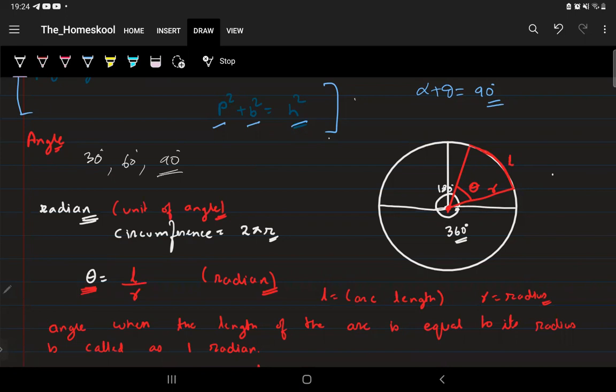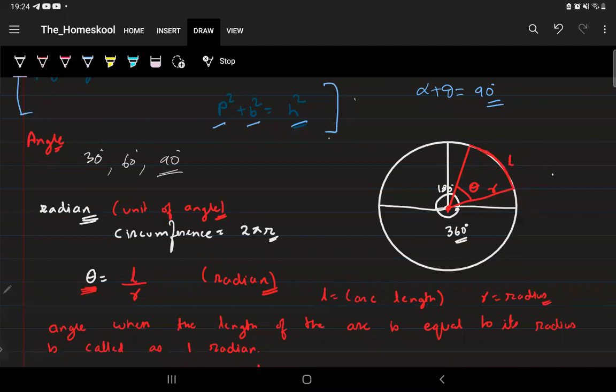Obviously if it's another unit, the definition is different. The definition says that radian is the angle subtended by the arc of any circle. It is the ratio of the length of the arc subtended by a circle to its radius.